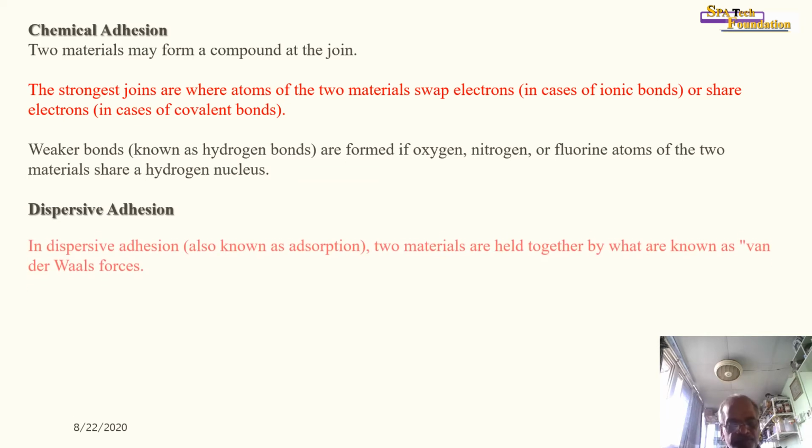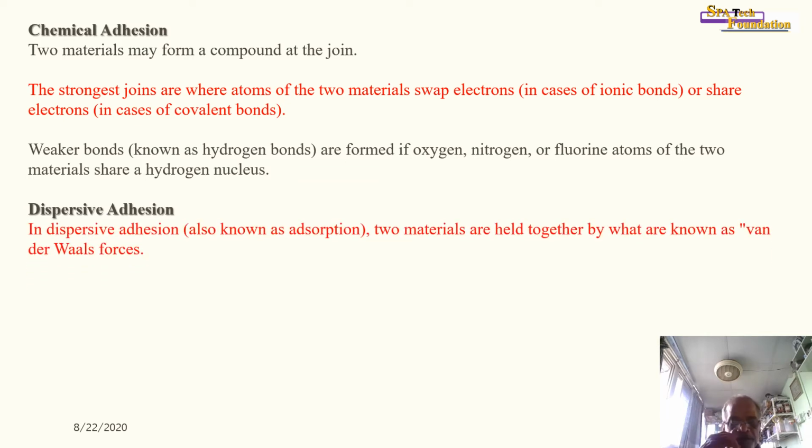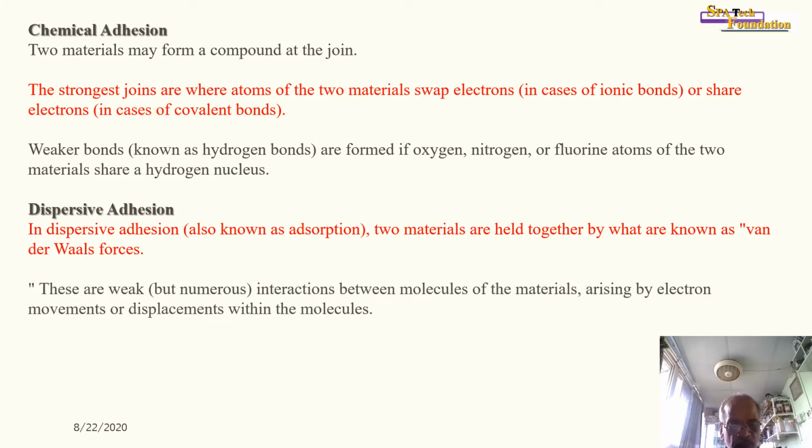Dispersive adhesion. In dispersive adhesion, also known as adsorption, two materials are held together by what are known as van der Waals forces. These are weak but numerous interactions between molecules of the materials arising by electronic movements or displacements within the molecule.